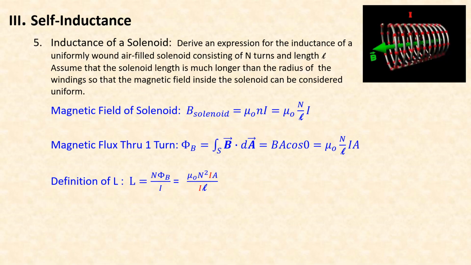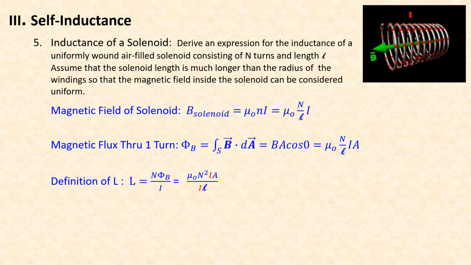We're now in a position to plug this expression into our definition of self-inductance, which is the total flux given by taking the flux through a single coil, multiplying by the total number of coils, and then dividing by the current I. When we plug in this expression for the total flux through the solenoid and divide through by the current I, we see that just as in the case for mutual inductance, the current ended up canceling out between numerator and denominator.